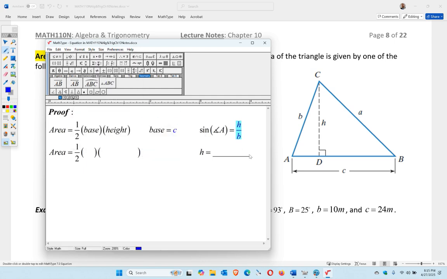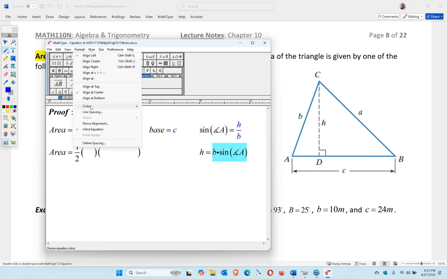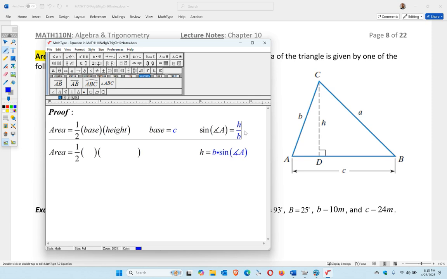So I will get b times the sine of A. So this is my new base, and this is my new height for an oblique triangle.